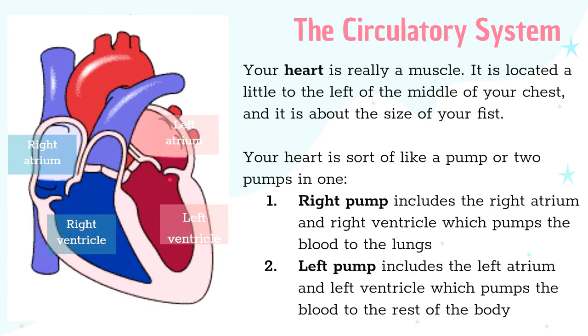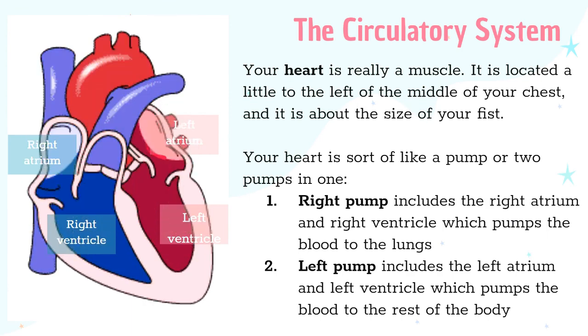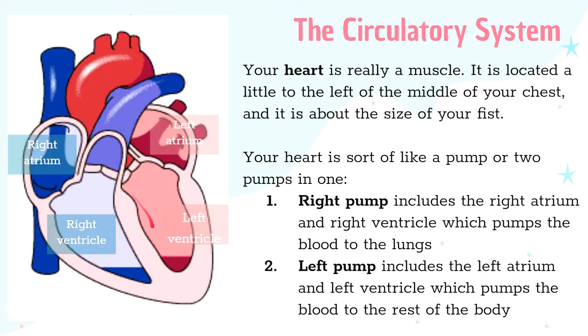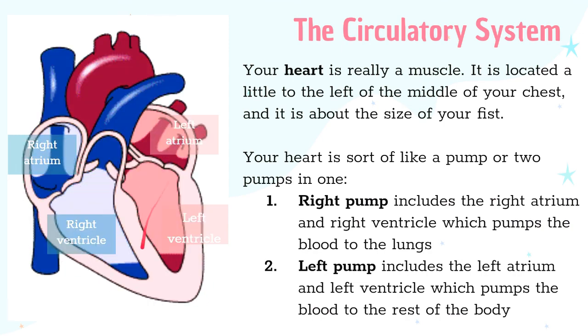Same with the bicuspid valve. As the blood empties into the left atrium, the valve opens to let the blood pass to the left ventricle. But as soon as the left ventricle contracts, the bicuspid valve closes so that the blood will only have one way to go, and that is through the aortic semilunar valve. It will not go back to the left atrium.